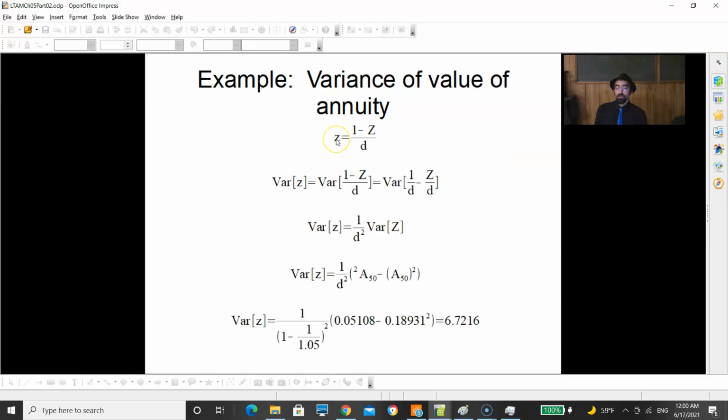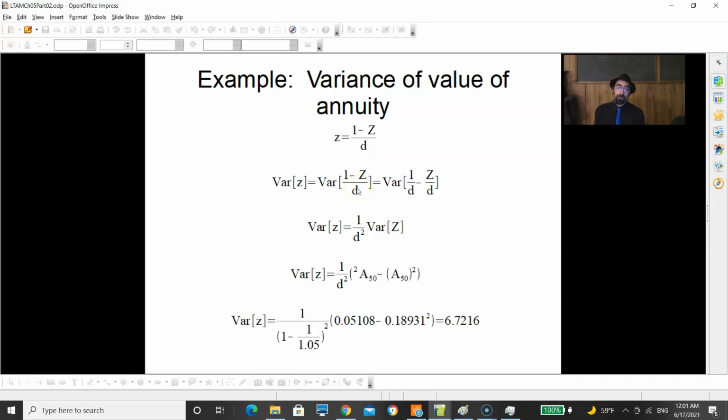Again, if we let little z be the present value random variable of the annuity and big Z be the present value random variable of the insurance, again, I can't call it little a and big A because those are averages, and variance of an average is just 0. It's an average. But the individual random variables themselves have some variance. So I can say variance of little z for the annuity equals variance of 1 minus big Z over d.